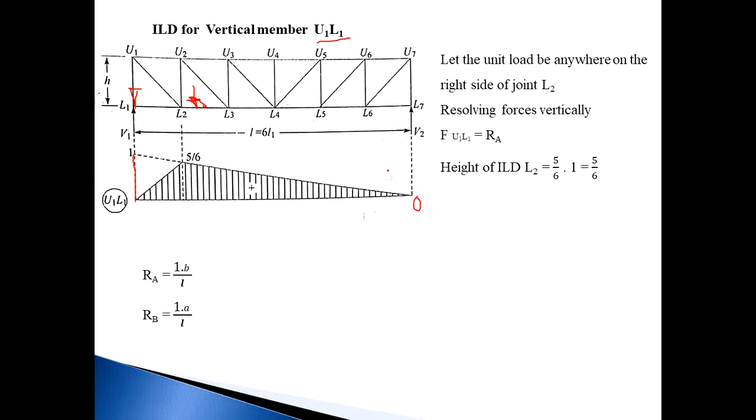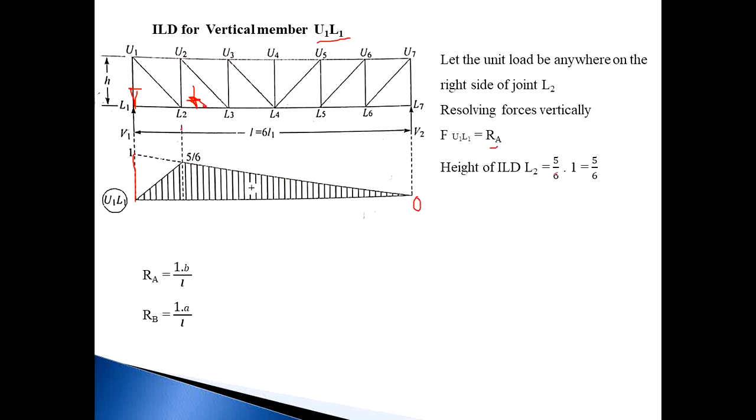Next I want to find the height of the ILD at L2. By using similar triangle properties, the RA value when load is at L2, whatever the RA value is, that is B, from L2 to L7, now B is 1, 2, 3, 4, 5, that is 5L1, and L is equal to 6L1, so L1 get cancelled.